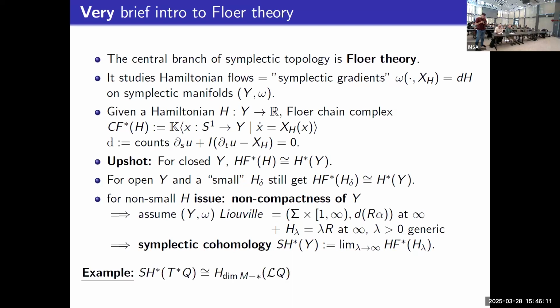And furthermore, to see that it's not some silly ring, you get, for example, for a cotangent bundle, the canonical phase space, the simplest open symplectic manifold, for a cotangent bundle of a compact Q, this recovers the homology of the free loop space. So together with the product, here in symplectic homology, the product is going to be this pair of pants product.